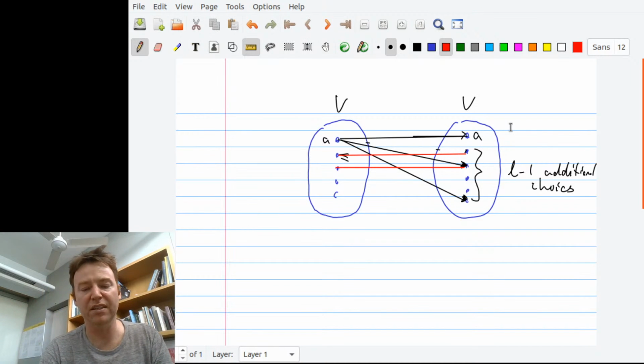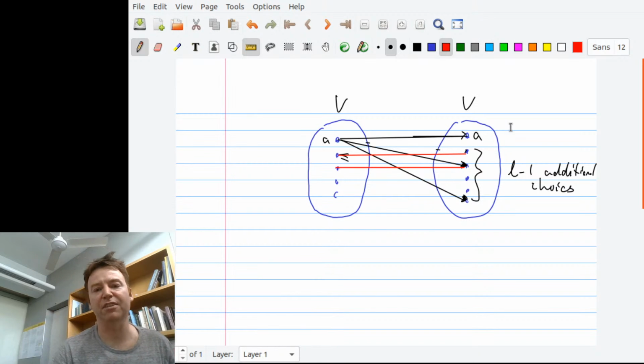So it's any subset of the Cartesian product. So v cross v has 2 to the L elements. There are 2 to the power L squared elements, because it's the number of subsets of that relation that I have.